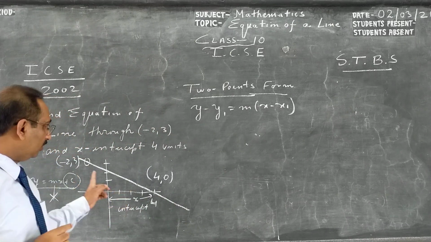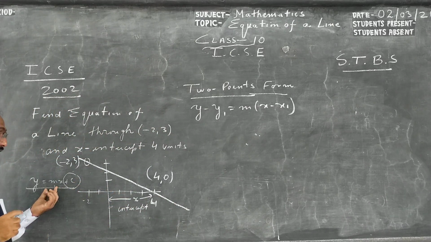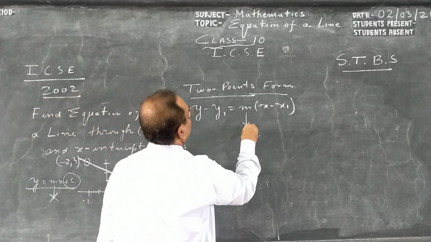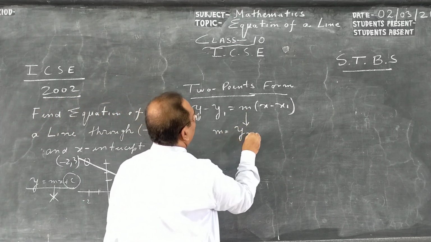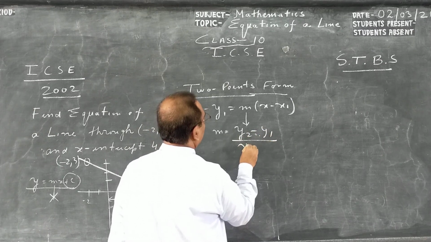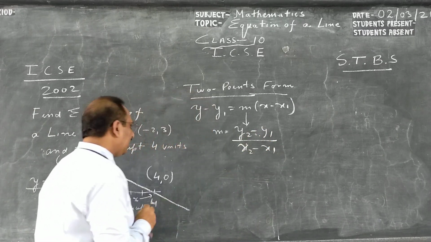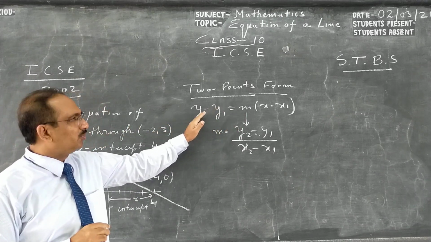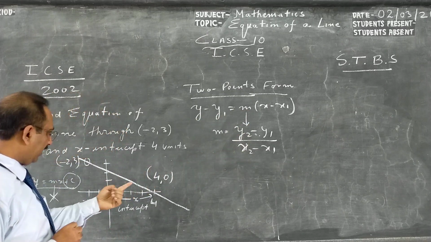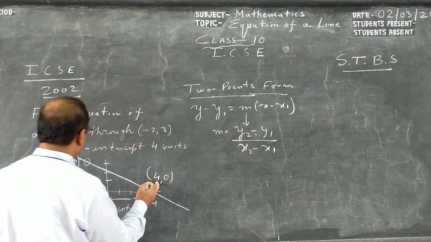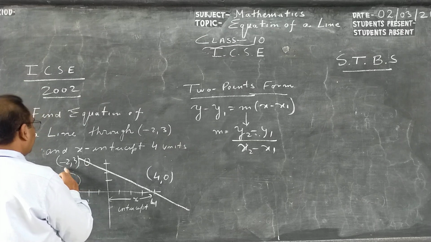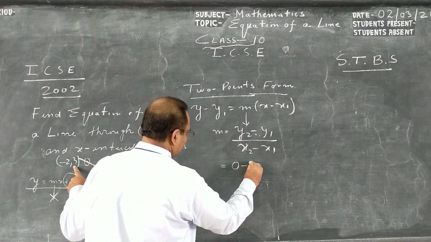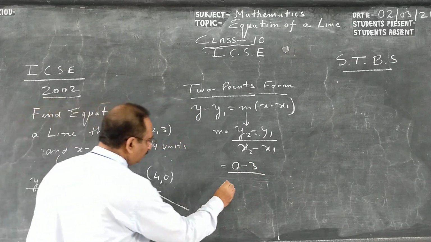But here no slope is given, so you have to find the slope. The slope is nothing but y2 minus y1 over x2 minus x1, as I have explained earlier. So this 2-point form is a special case of the point-slope form, where we get the slope by y2 minus y1 over x2 minus x1. Let these be x1, y1 and x2, y2. So the slope is 0 minus 3 over 4.